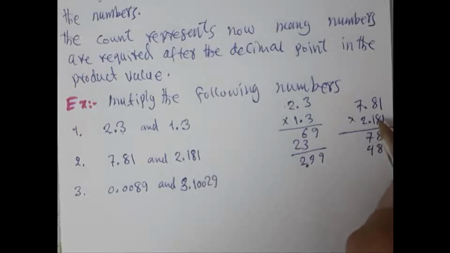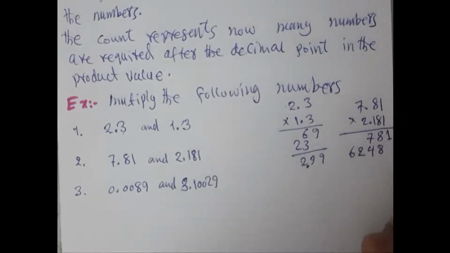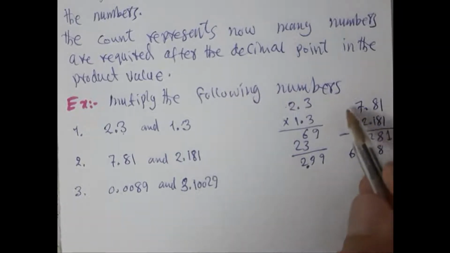We have 6. 8 times 7 is 56. We have 6. It will become 62. We have 6. Also we can write 6. We don't have another number here.